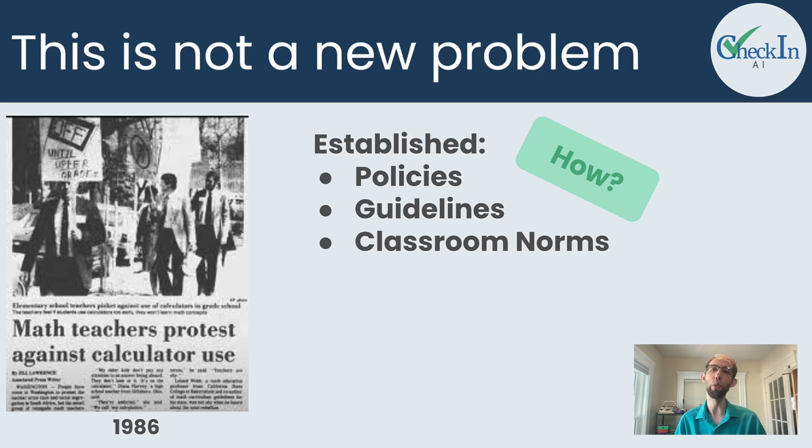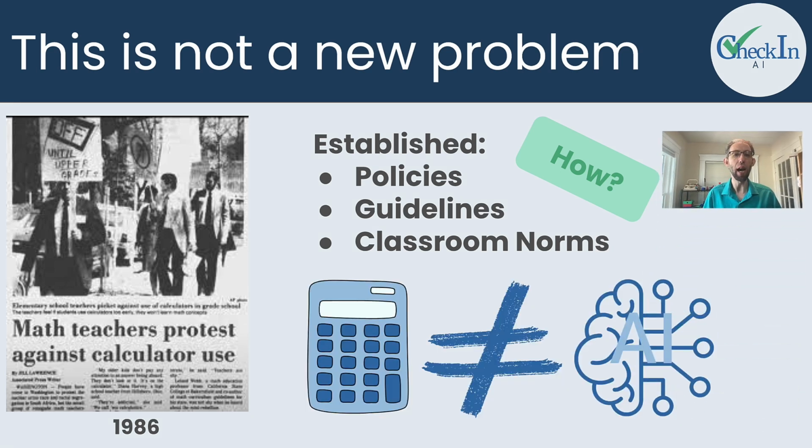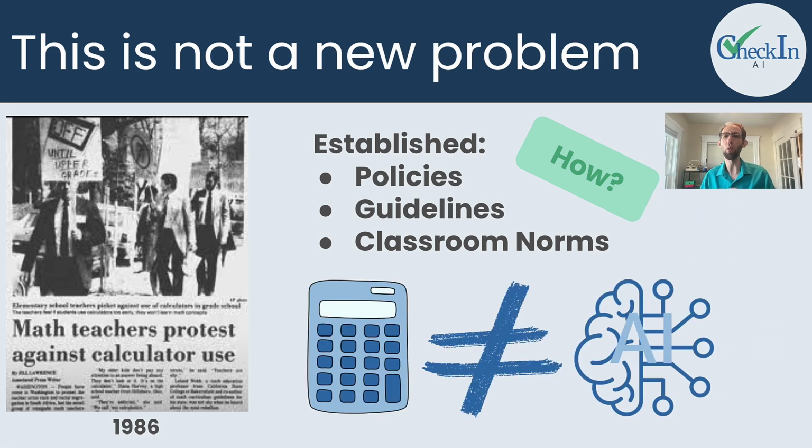Now, I want to be really clear, because especially on social media, you see people say that those who want to ban and block AI are just like the people who wanted to ban calculators. I want to be clear: I think calculators do not equal AI. These are different tools. We can learn from how we implemented calculators and other tools like spelling and grammar check in the classroom, but AI is a different beast.